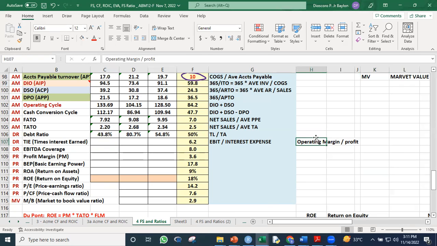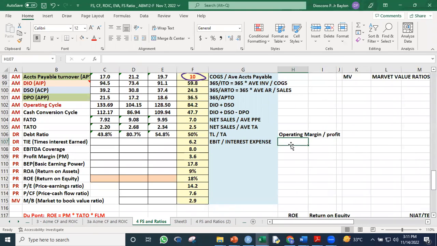So ito, lagay ko na lang dito na capability, di ba? Ito capability to pay interest obligations. So it's the TI measures this one. How capable is the company in paying its interest obligations?